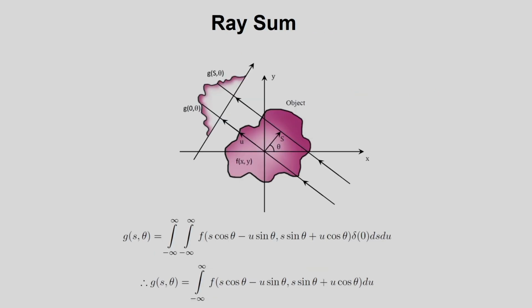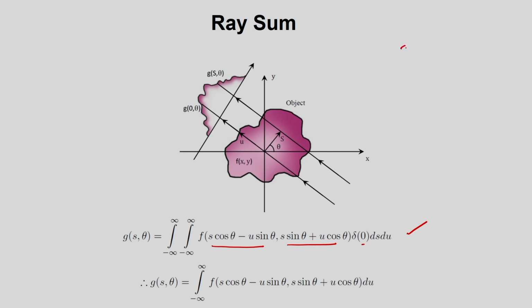After this, I considered the concept of the ray sum. In the ray sum expression, if you see g(s, theta), we have this expression, and after this I put the values of x and y in terms of s and u. This is x and this is y, and I am considering that x cos theta plus y sin theta minus s is equal to 0. So it is delta(0) ds du.